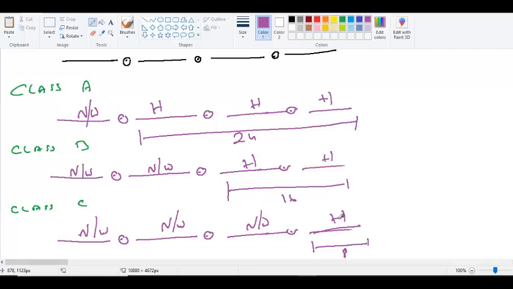Now in Class A, the range from 1 to 127 in the first octet is Class A. If you find an address starting with 192.168.5.4, this is not Class A. Why? This 192 is not in between this range.